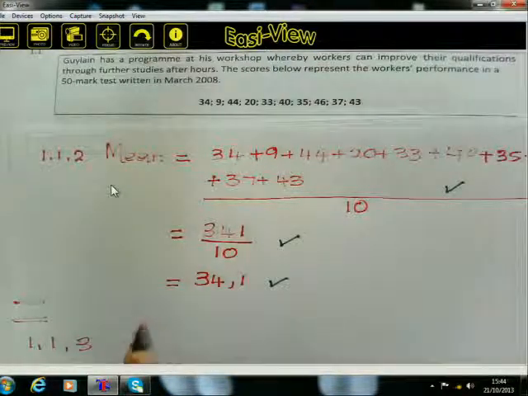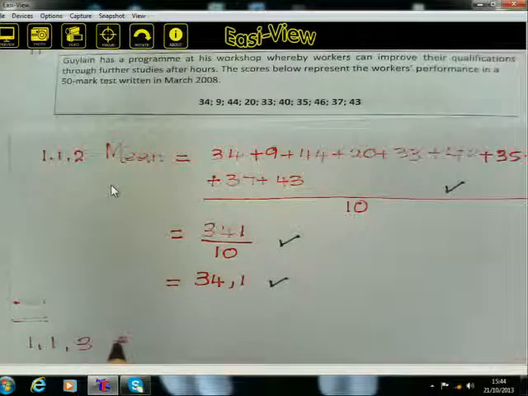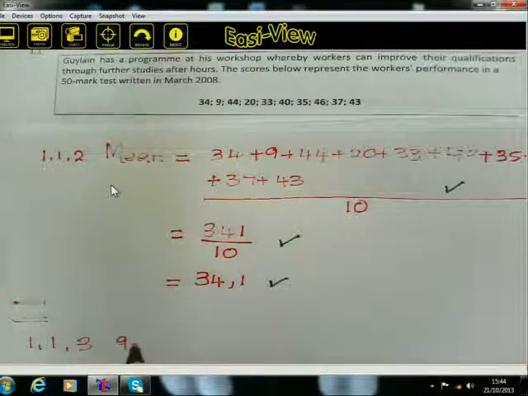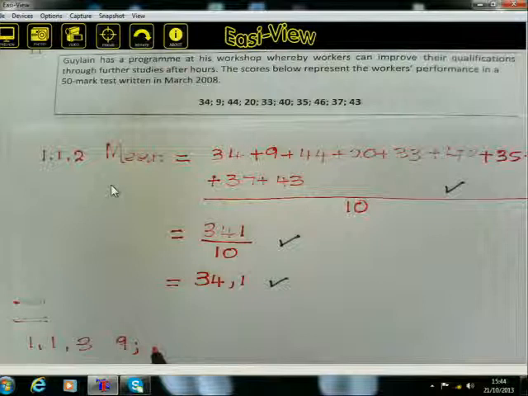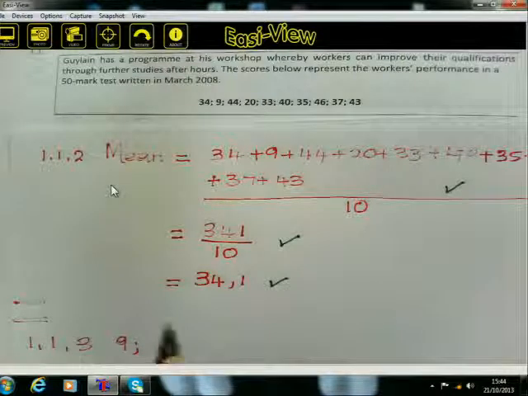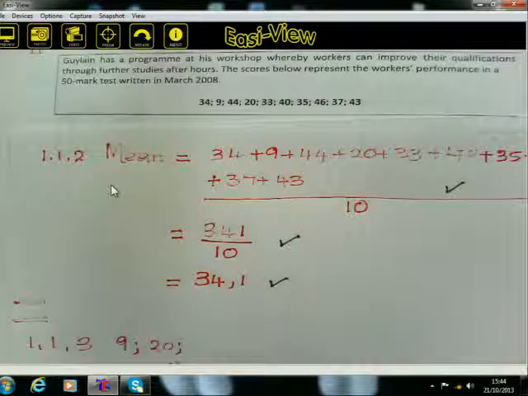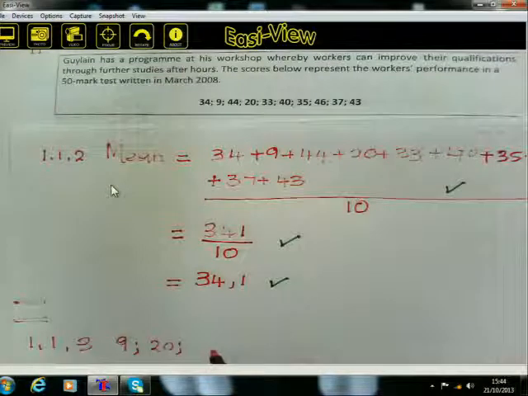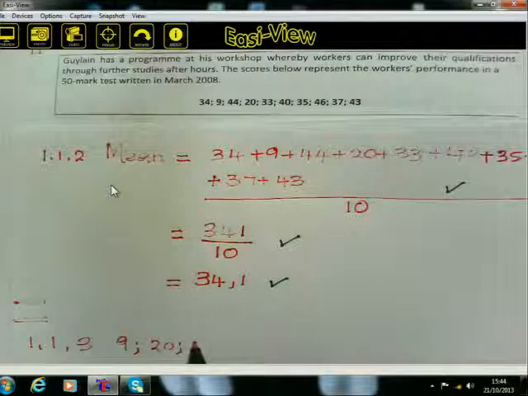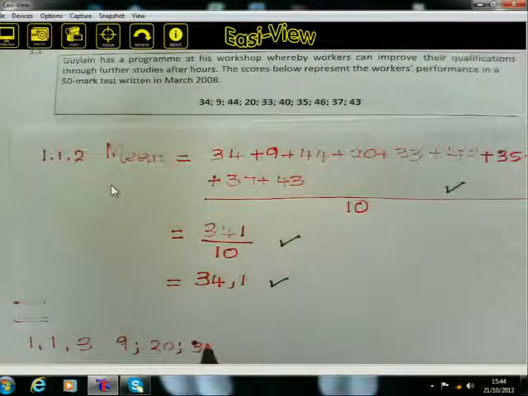The first number will be 9, semicolon. The second one will be 20. Are you following me? Good. The third one will be 33.